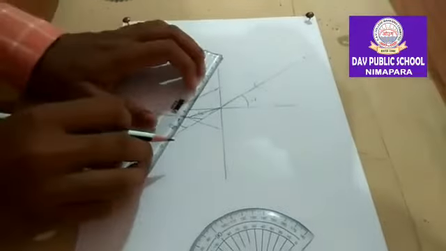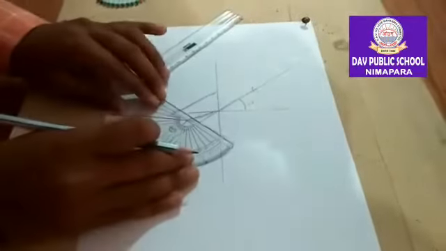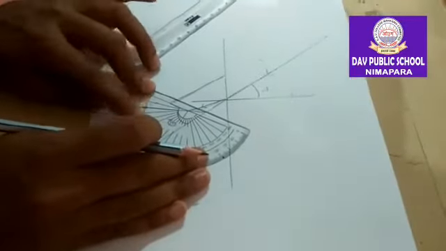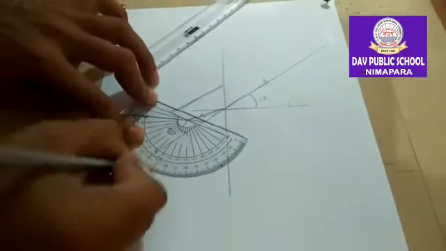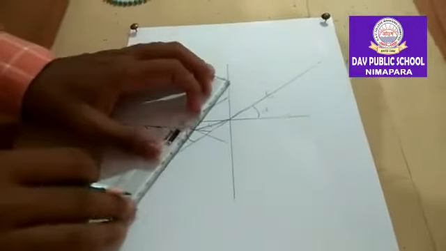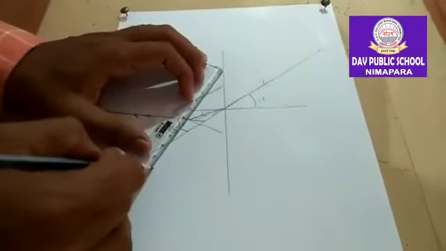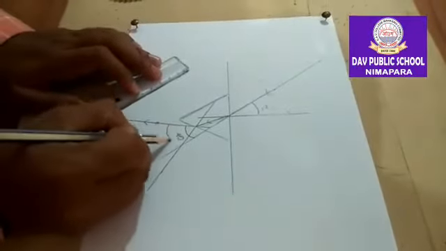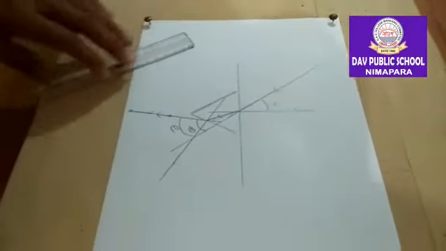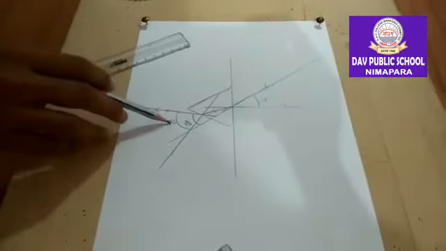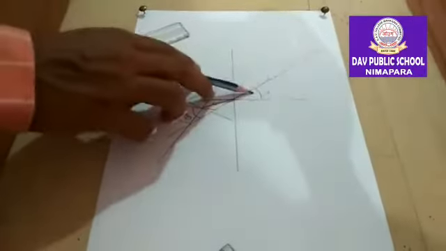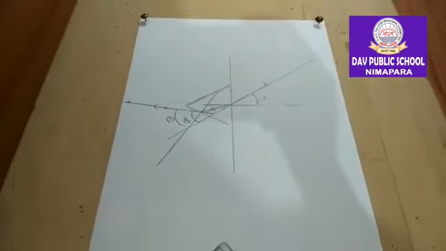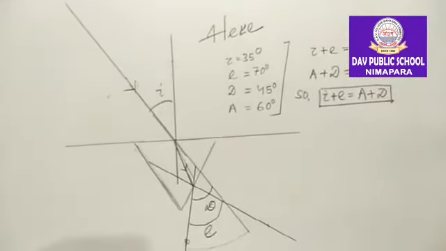And by drawing a normal to this surface from the point of emergence, we can get the angle of emergence. So we have the angle of emergence, angle of deviation, angle of incidence, and the angle of prism, which in this case is 60 degrees.